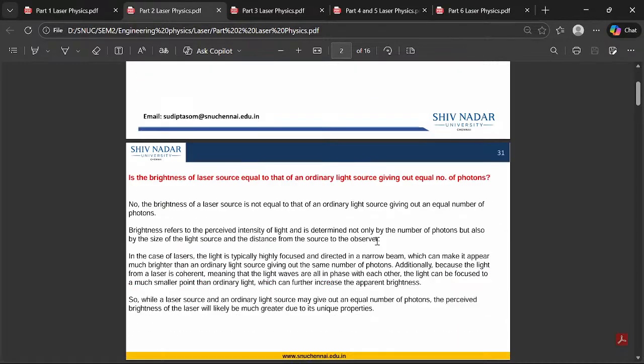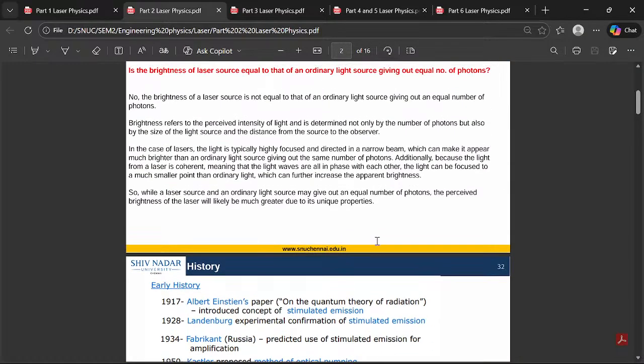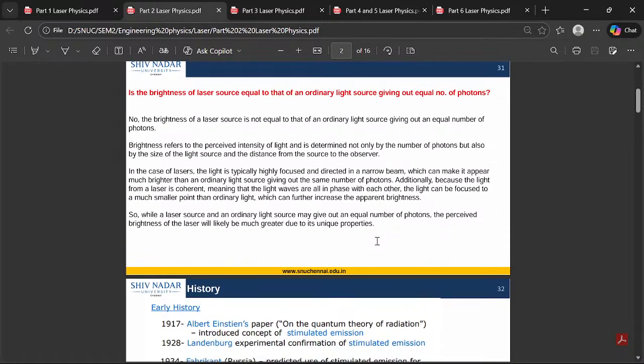So let's move to part 2 of laser physics. This is just a simple question about the brightness of the laser source.